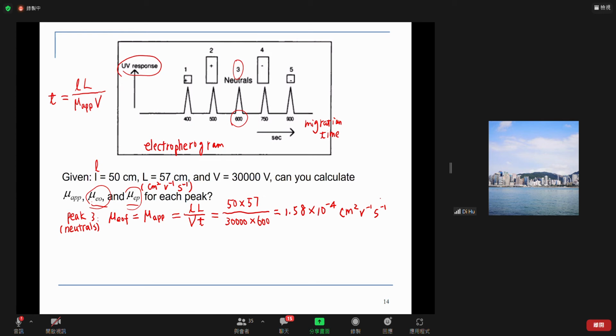How about we do peak 3, peak 2, and peak 5 first? After you finish peak 3, we can try peak 2 and peak 5.